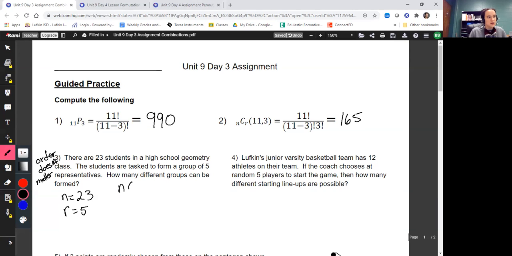So we've got nCr 23,5. So on my calculator, menu, probability, combination, 23,5. And we get 33,649 possible groups.